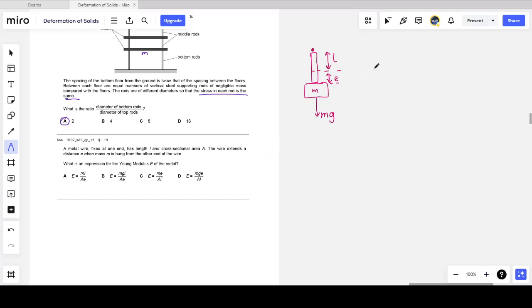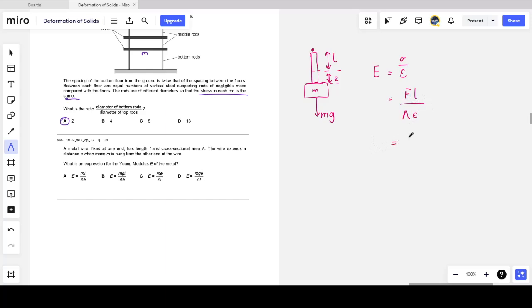What we know is that Young's modulus E is stress over strain, which is the applied force multiplied by the original length L divided by the cross-sectional area of the wire times the extension e.